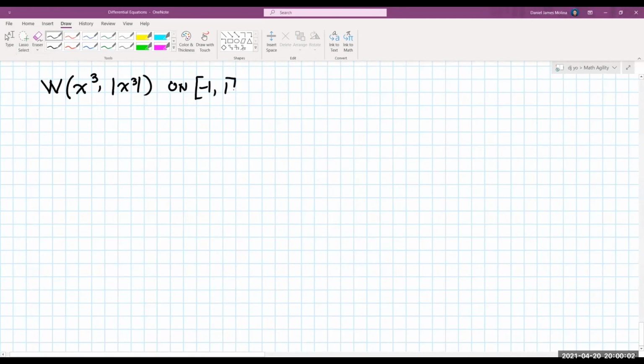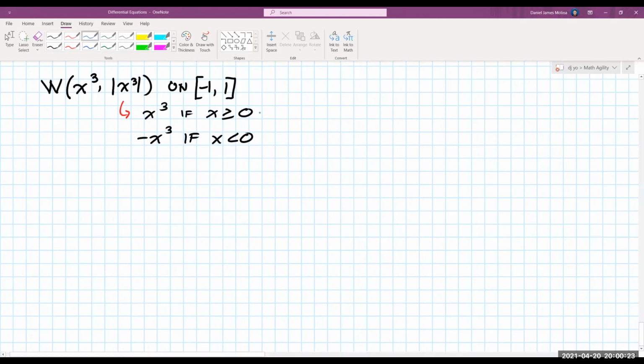-1 to 1. Okay? So as we notice, the absolute value of x cubed is equal to positive x cubed if x is greater than or equal to 0, but it is negative x cubed if x is less than 0.